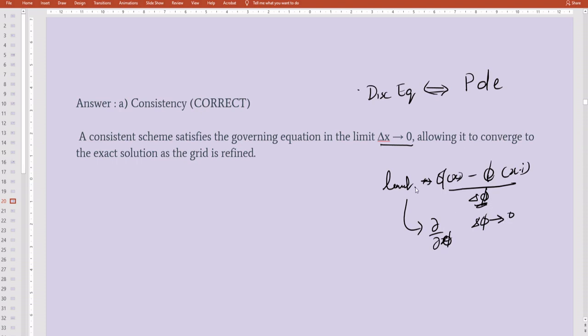Only then do the limit terms become the PDE. Likewise, the discretized equation is similar to our limit theorem equations.